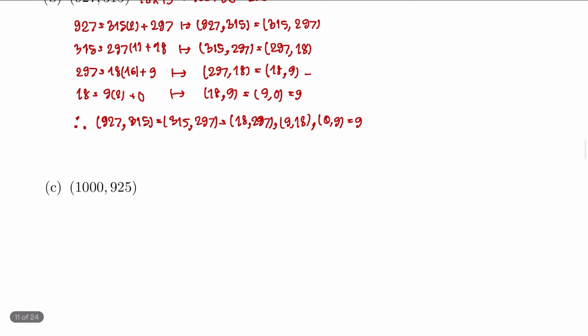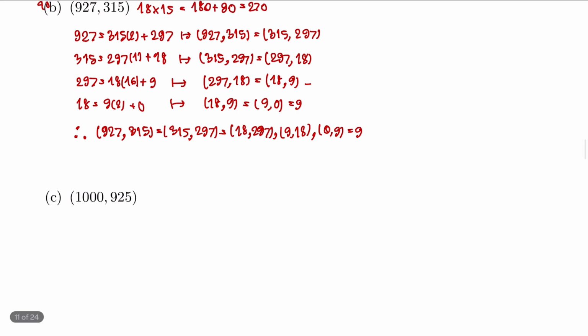Now let's go to C. I think C is not difficult. Let's try to find it. We start from 1000 equals 925 times 1 plus 75.